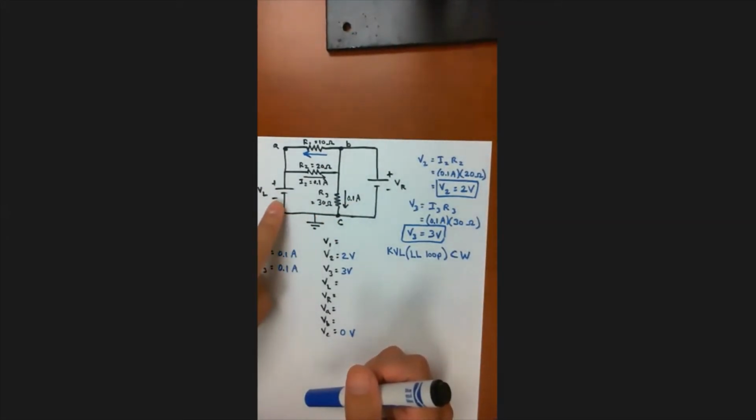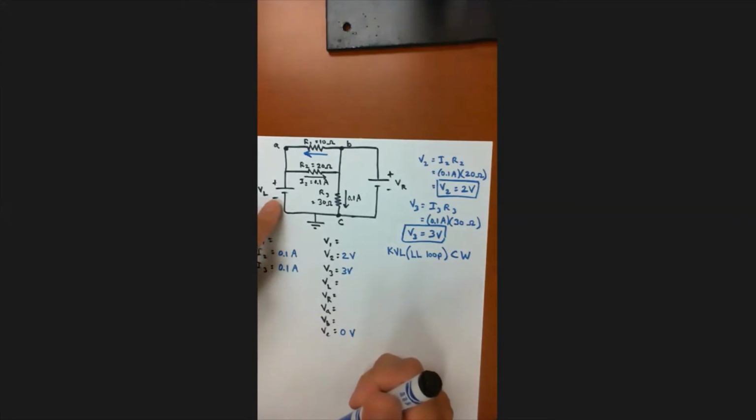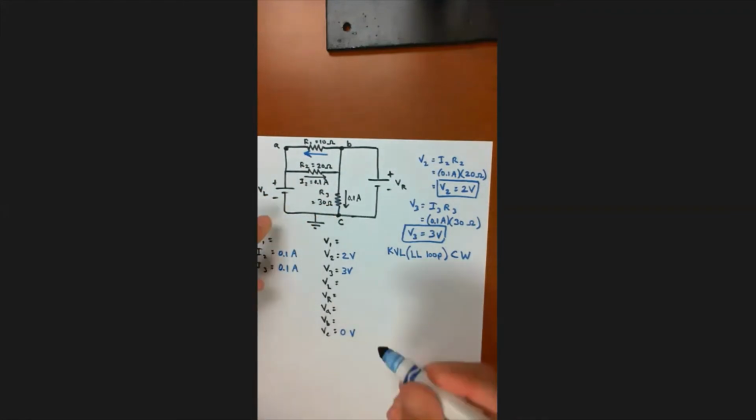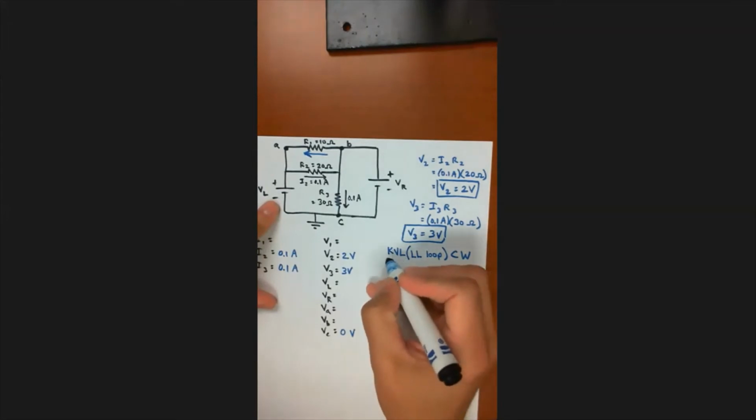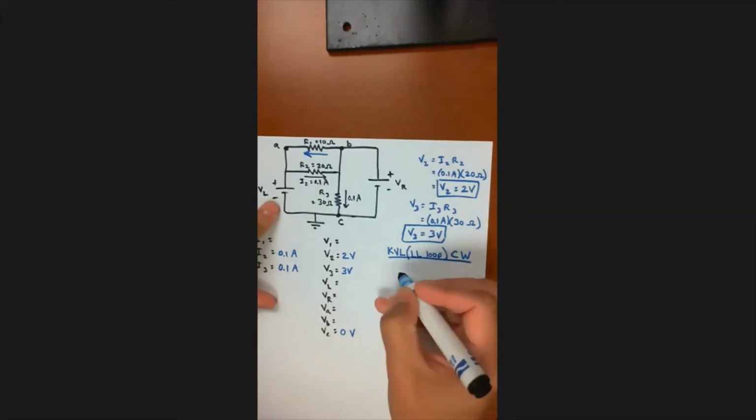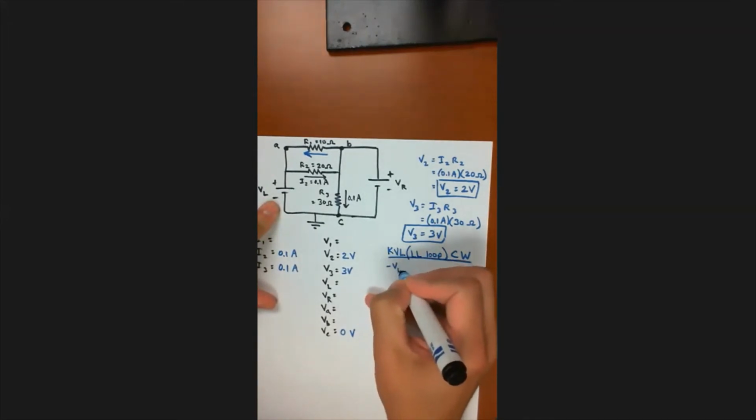We're going to get to the negative sign of the voltage supply first. And remember, for voltage sources, you always take the first sign that you come to. If I wrote the loop going this way, I would come to the positive side, and I would add VL. But I'm going clockwise, so I come to the negative sign first. So my equation is going to be negative VL.